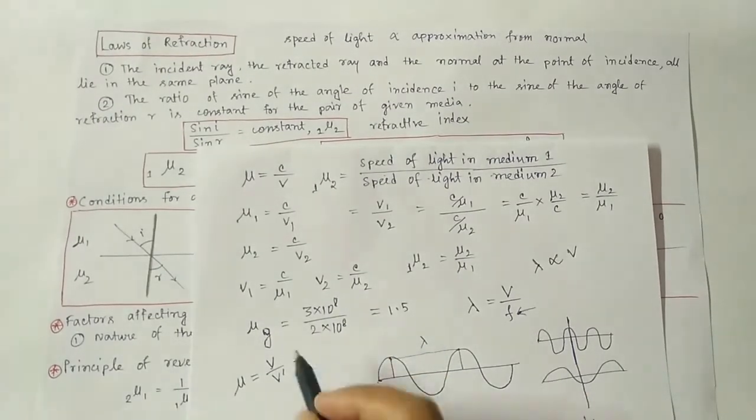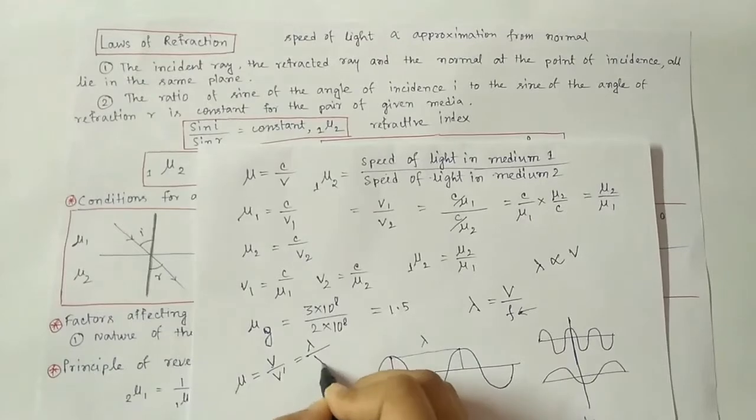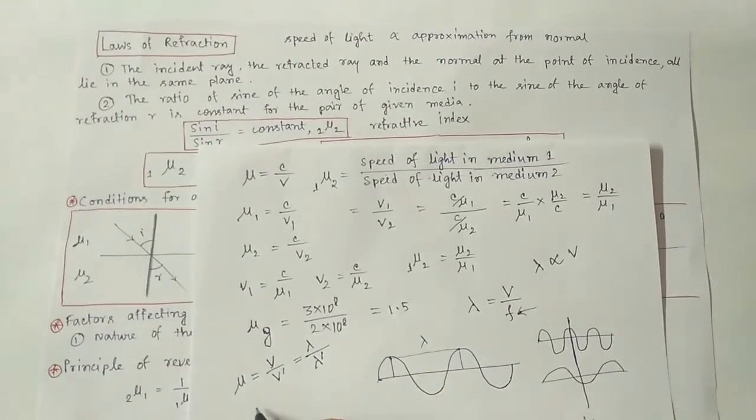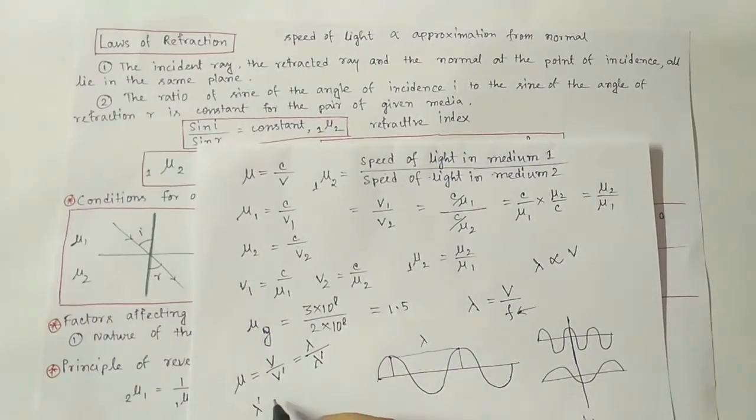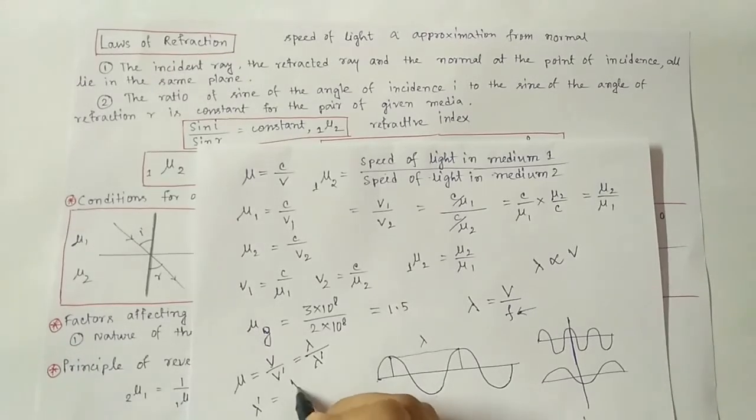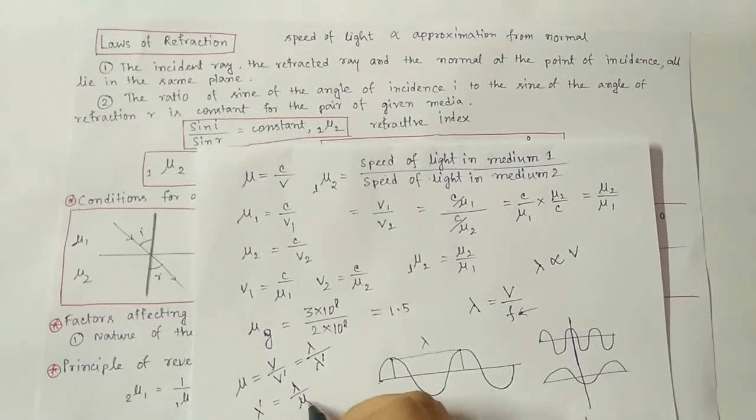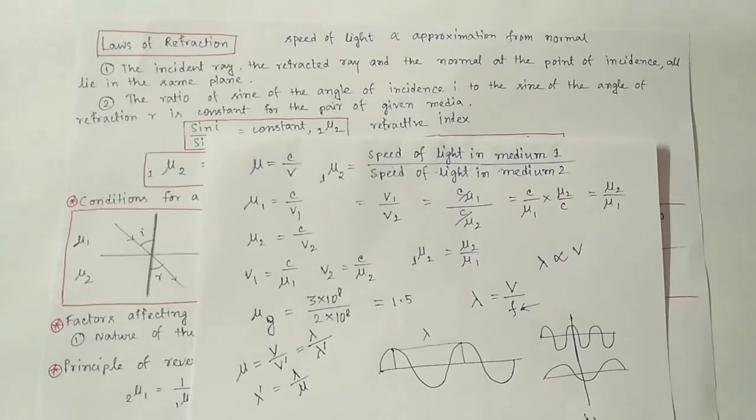As v is proportional to lambda, we can also say this. So finally we can write that lambda dash is equal to lambda by mu. As refractive index is directly related to the velocity of light, and velocity of light is directly proportional to the wavelength of the light ray, we can say that lambda dash is equal to lambda by mu.